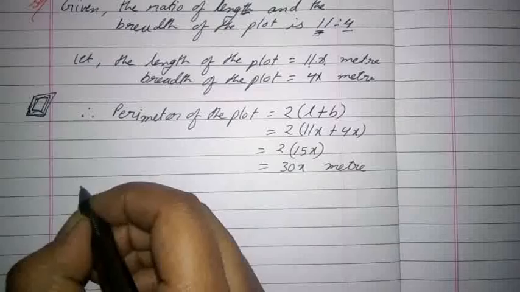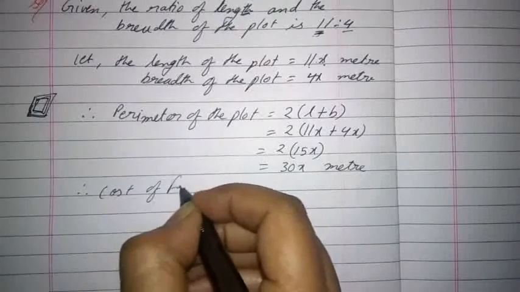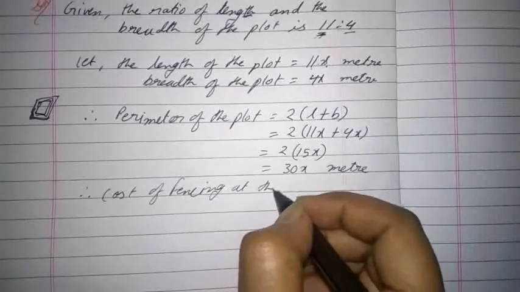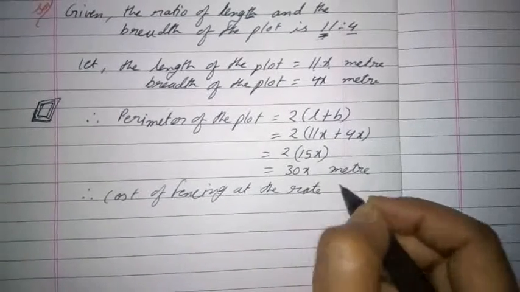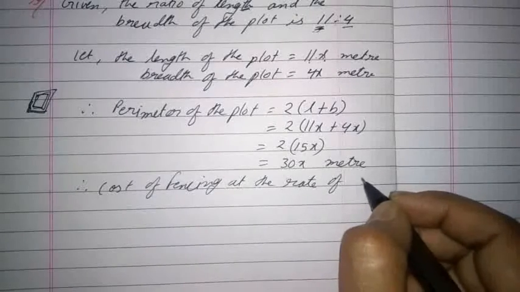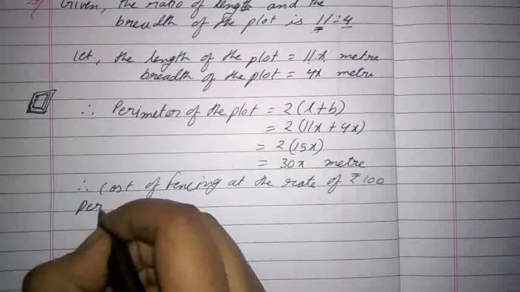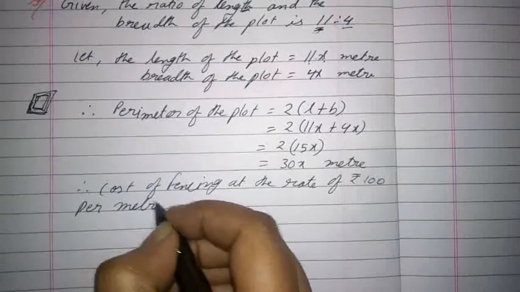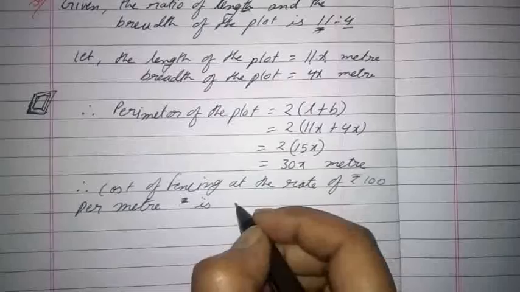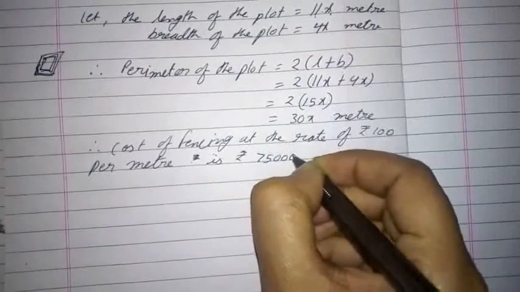Now cost is given. Cost of fencing is given, and cost and rate are given. So the cost of fencing at the rate of rupees 100 per meter is rupees 75,000.